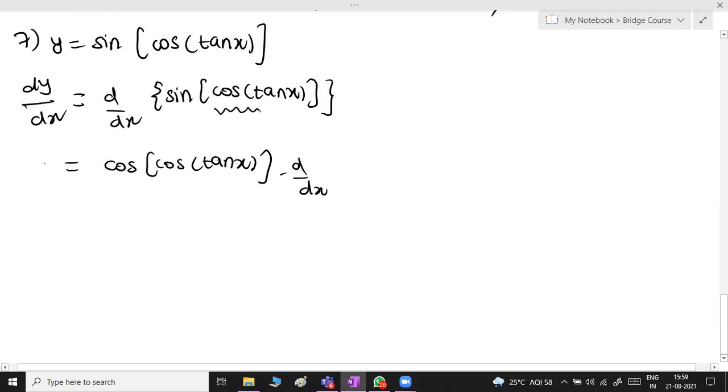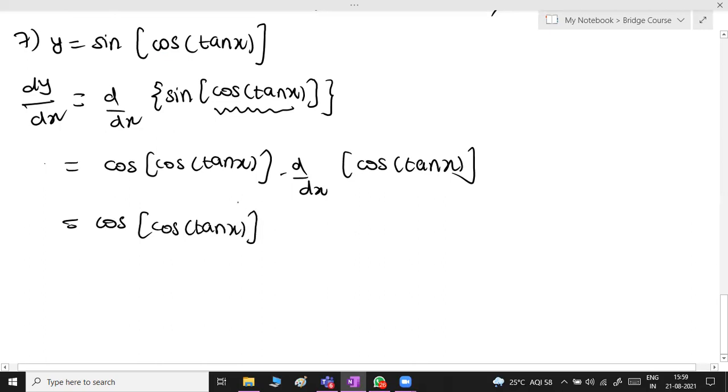Okay. Then you can differentiate the next part. That is going to be this part. So here it is going to be differentiation of cos of tan x. Then you can always solve for this first of all. So here it is going to be cos of tan x into, what is the differentiation of cos x? It is nothing but minus sine of tan x. Okay? Don't forget this tan x.